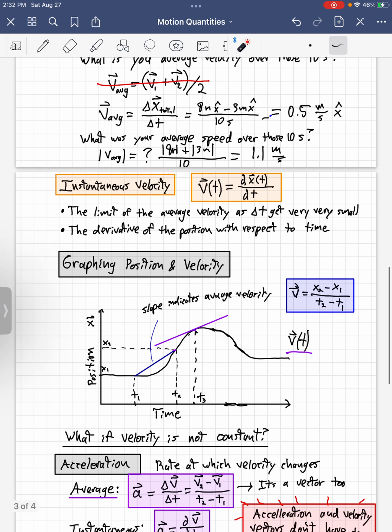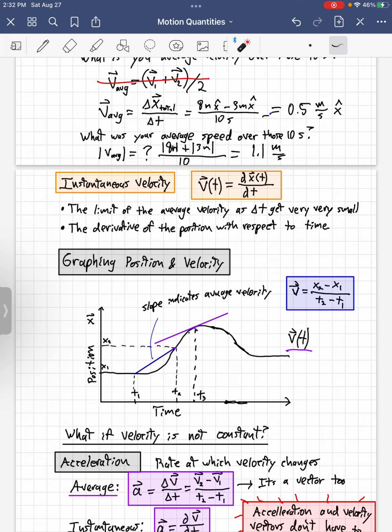Except here we're asking, the instantaneous velocity is kind of like the limit of the average velocity as this delta t, this change in time, gets very, very small. So infinitesimally small. So that's why we write dt instead of delta t. dt is much, much smaller than delta t, as small as you can get, right?